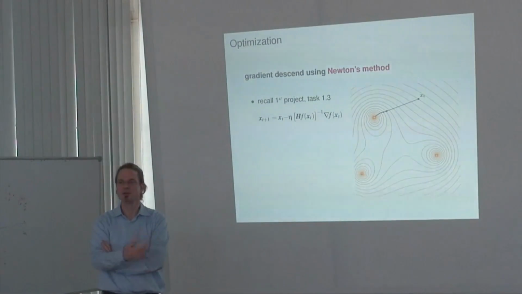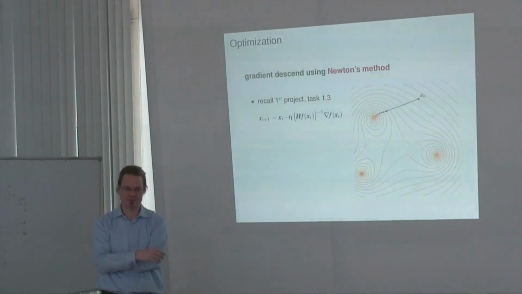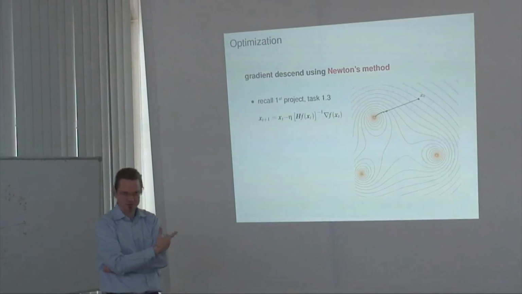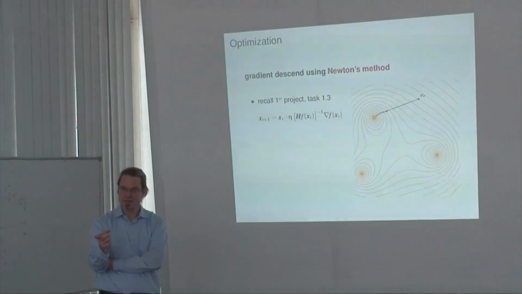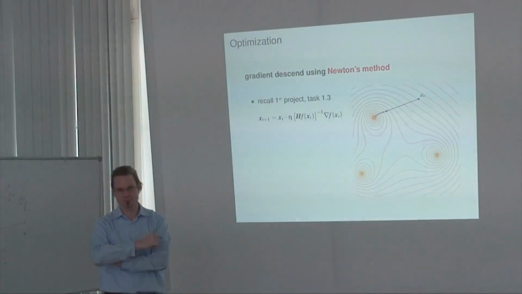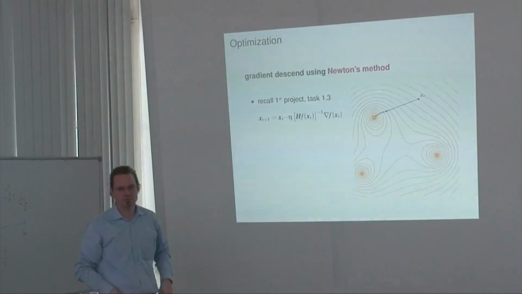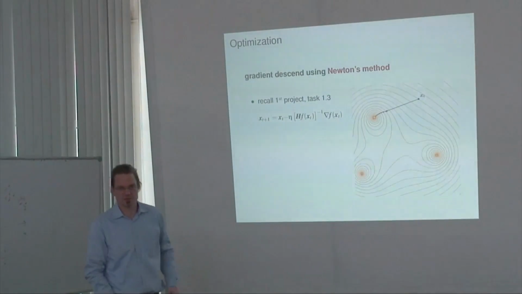I can definitely tell you gradient descent with fixed step size is the worst. The worst is no discussion. But the best, if you can easily compute the Hessian, which is the matrix of second derivatives, you did it in the first project, and if it is of a size that can easily be inverted, then by all means go for Newton. However, if you are really far away from the area where the solution would live, then this would also take forever.